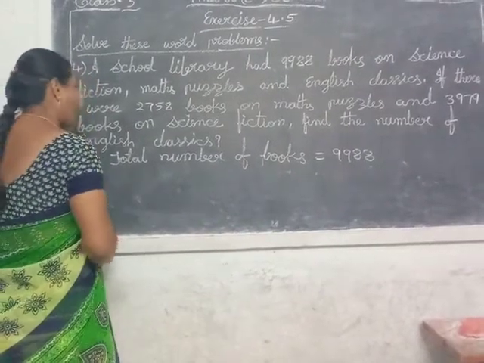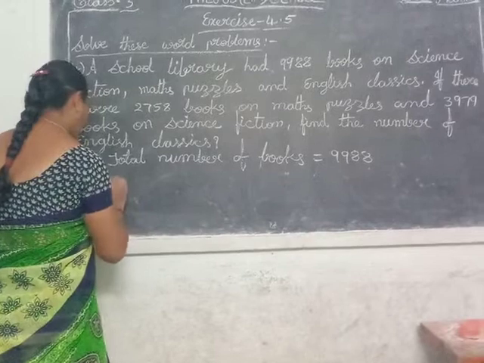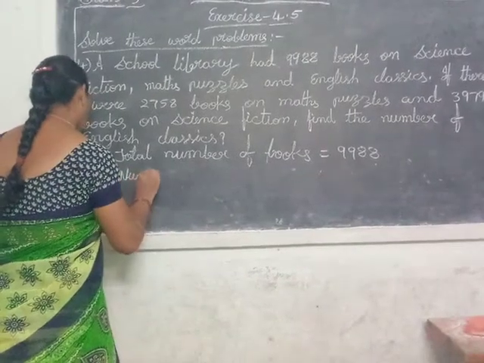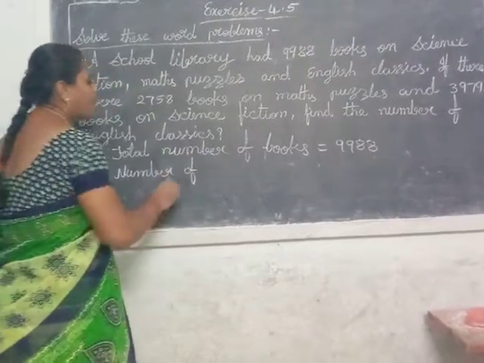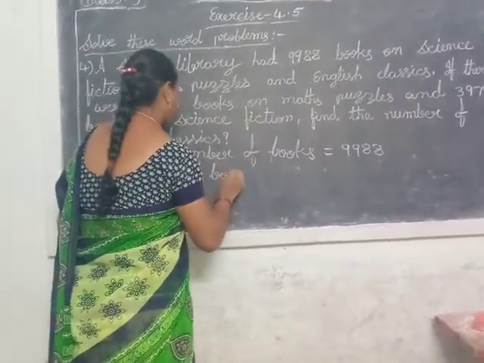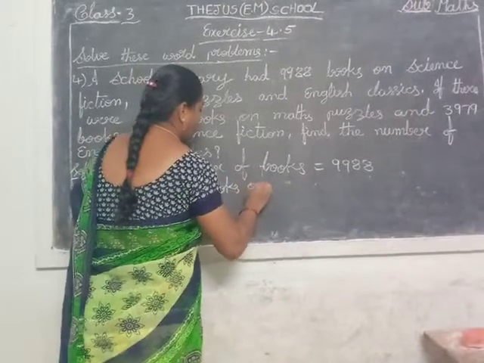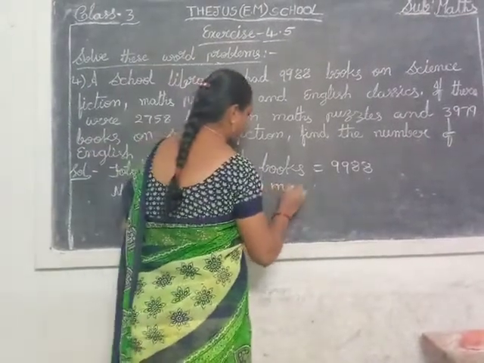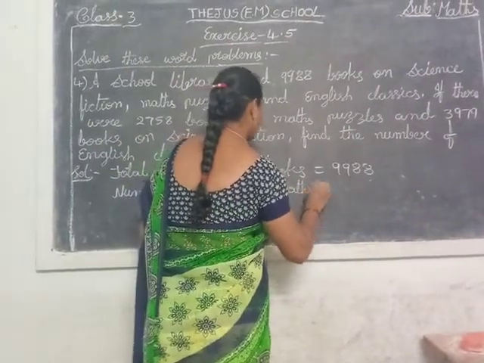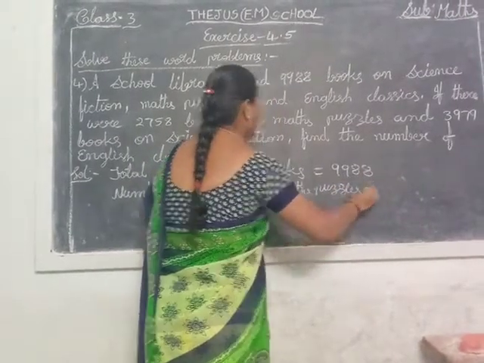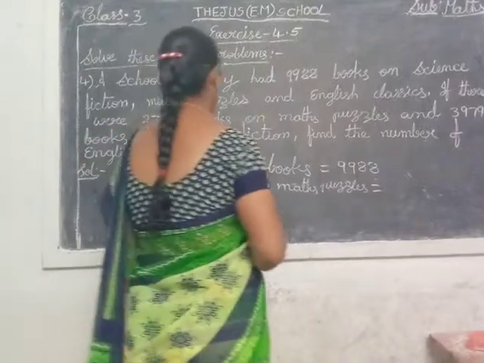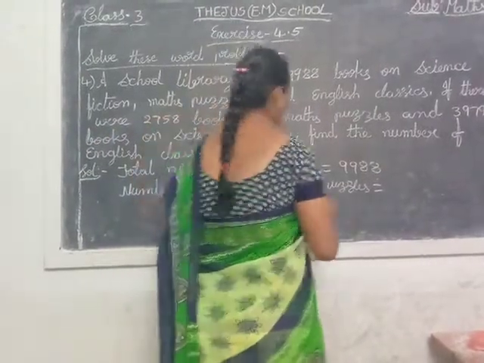Okay children, number of books on maths puzzles. How many? 2,758.